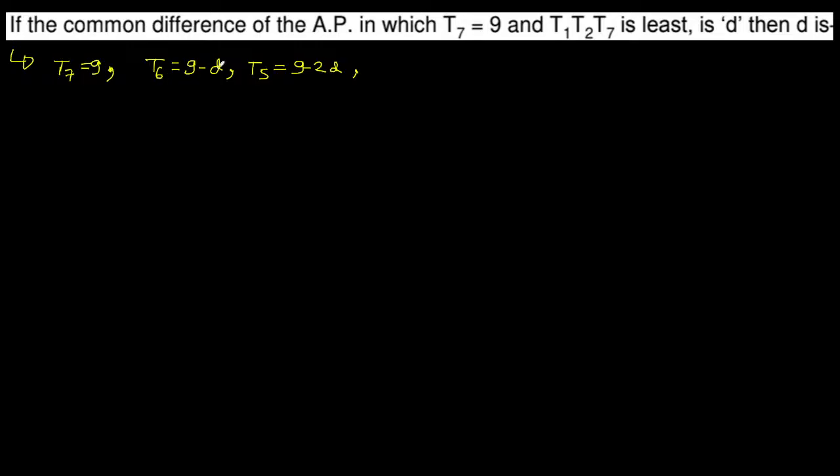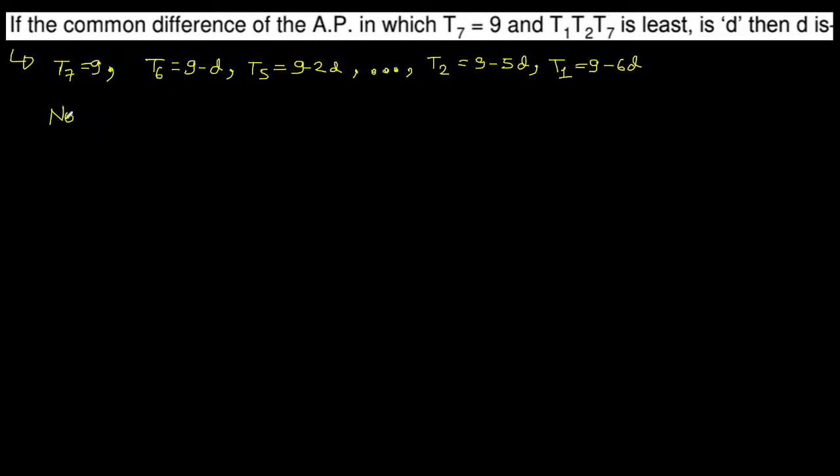If you see, 6 plus 1 is 7, 5 plus 2 is 7. So similarly we can say that T2 is 9 minus 5D, and T1 is 9 minus 6D. Overall it has to be 7. 6 plus 1 is 7, 5 plus 2 is 7.